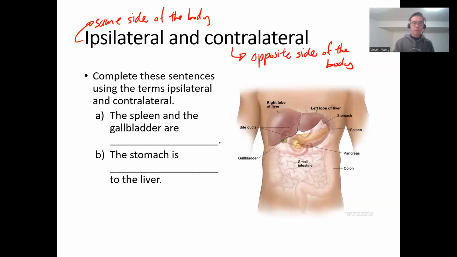Okay, so if we take a look at this picture, the spleen is behind your stomach, helps you store blood, and it's part of your immune system. The spleen is here and the gallbladder is right here. So they are on opposite sides, right? Contralateral.